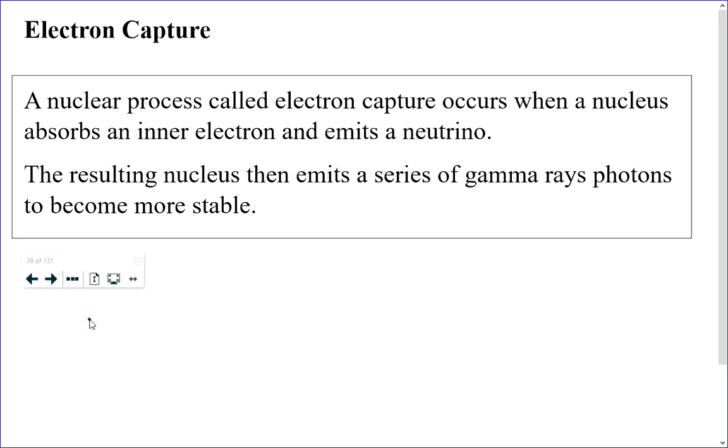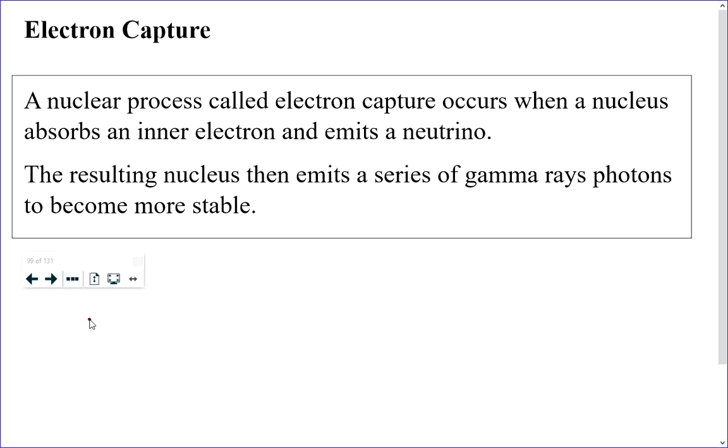So they would show you this as part of an exam question. You turn the page, you look at the question, you go, okay. A nuclear process called electron capture occurs when a nucleus absorbs an electron and emits a neutrino. The resulting nucleus then emits a series of gamma ray photons to become more stable.